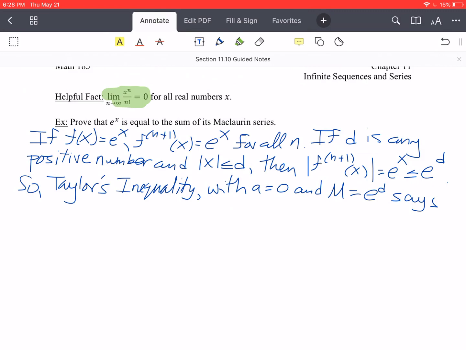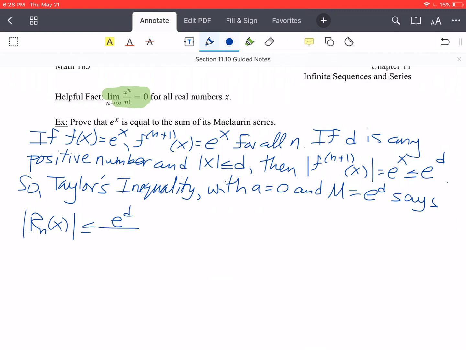Says that we have the absolute value of the remainder is less than or equal to e to the d, right, m, over n plus 1 factorial times the absolute value of x to the n plus 1 for the absolute value of x being less than or equal to d.